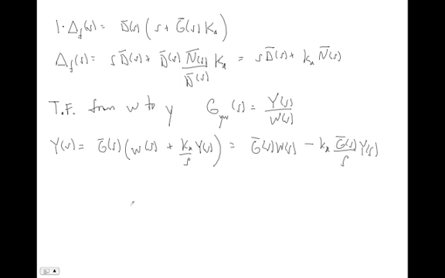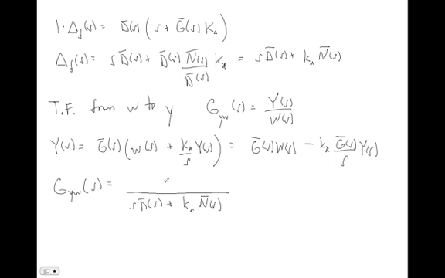And if I do all of this algebra, what I eventually get to is that my transfer function from W to Y of s is written like this. In the denominator I see s times D bar of s plus Ka times N bar of s.